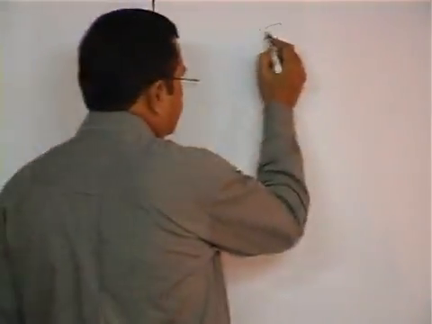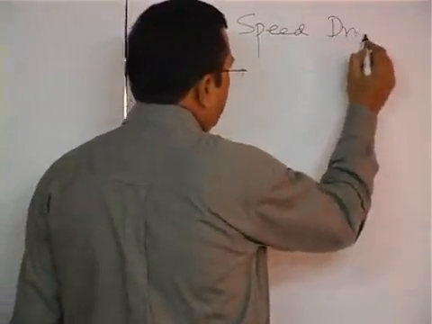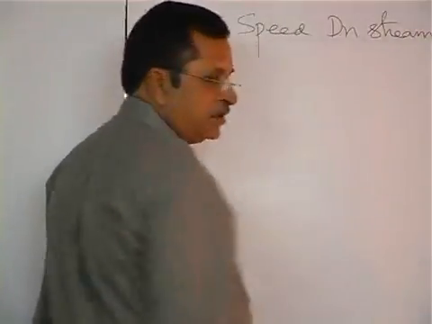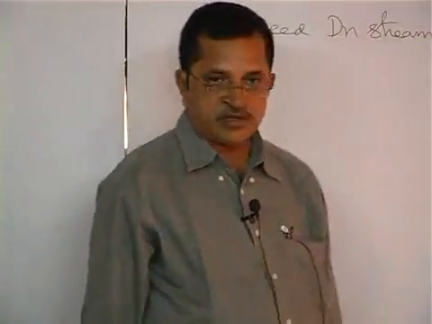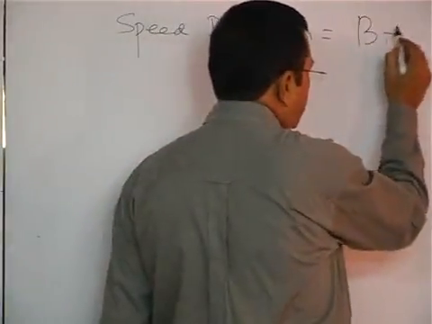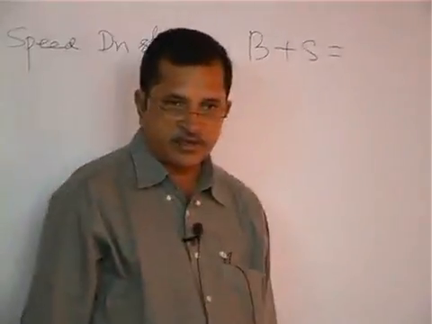What we write? Speed downstream is equal to speed of the boat plus speed of the stream, is it not? What he said?